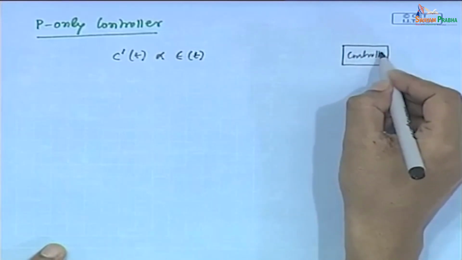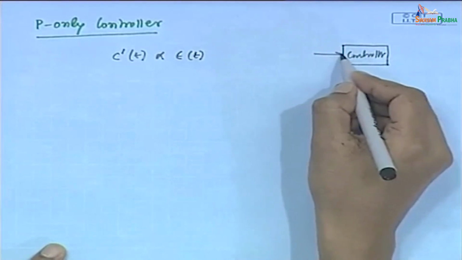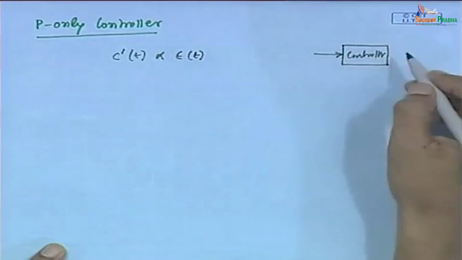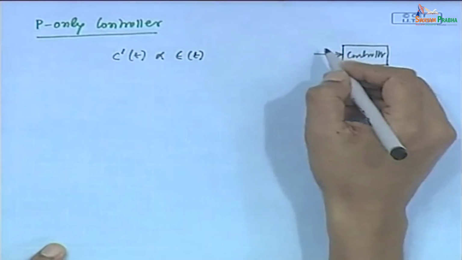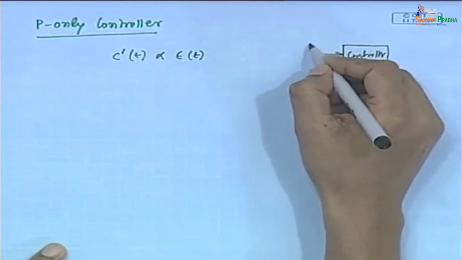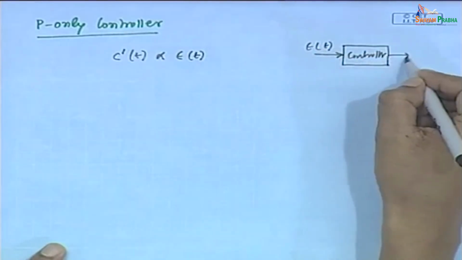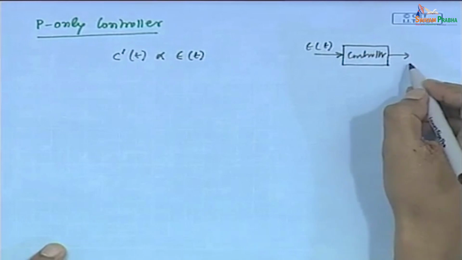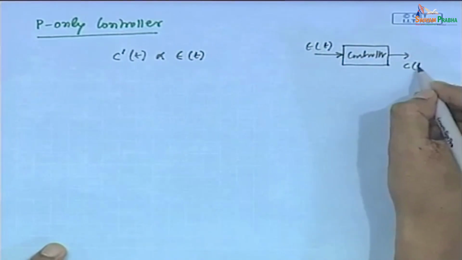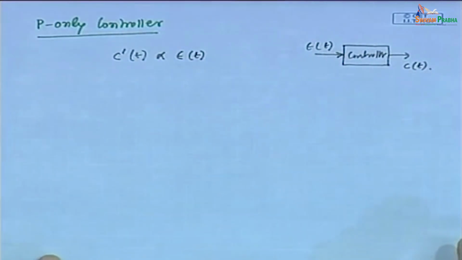If we see the control block, we observe that epsilon t is the input and Ct is the output.